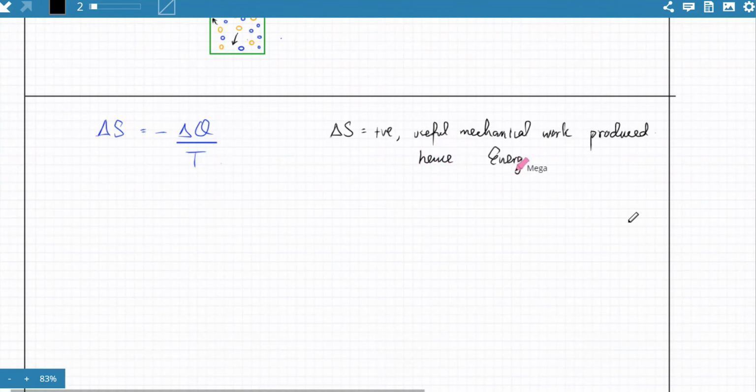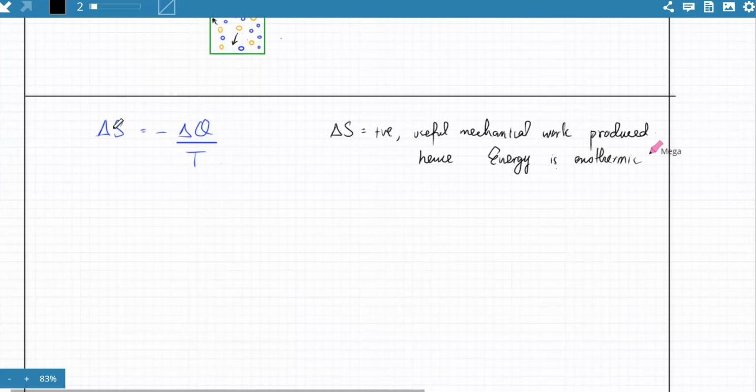Remember, this is not the energy that was related to enthalpy change. This is the work done that's being produced because of entropy change. So that's why basically you have a negative sign over here. If energy is exothermic, the delta S would be positive. So which is why you have to add an extra negative sign to make it positive.